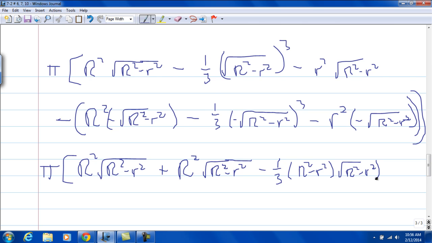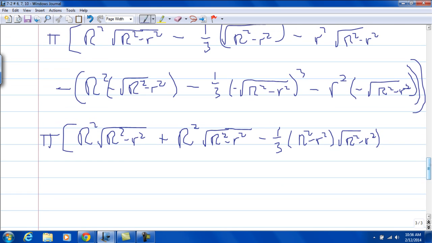And if we look further down the road, we had minus the negative of the negative, so that gives me another negative 1/3. It's the same thing then: capital R squared minus little r squared times the square root of capital R squared minus little r squared.